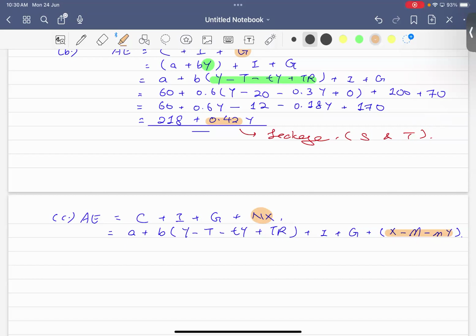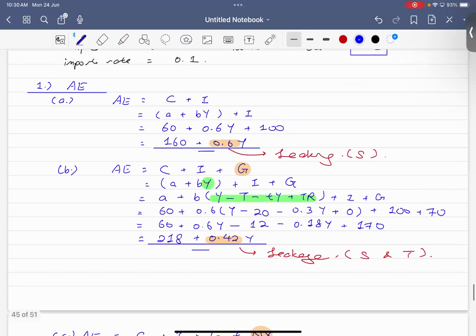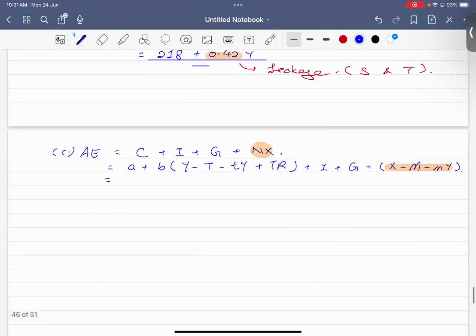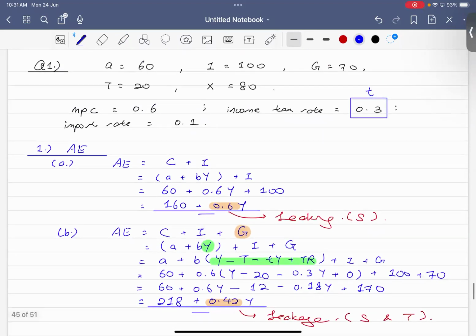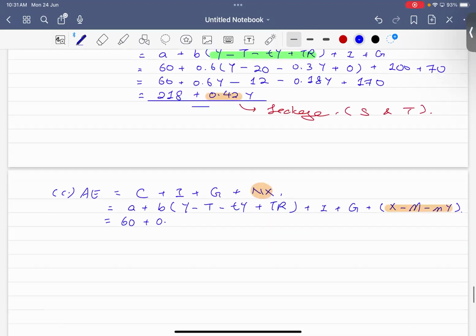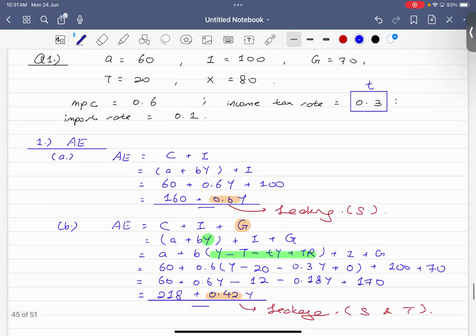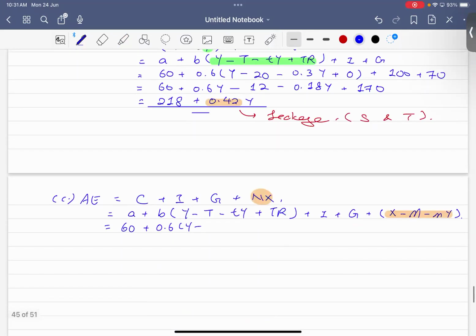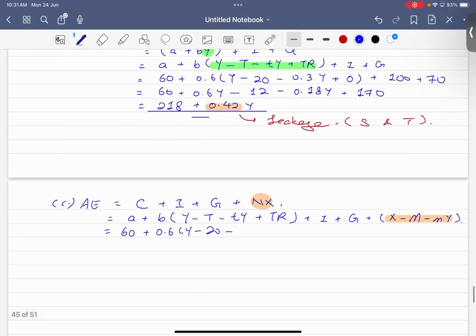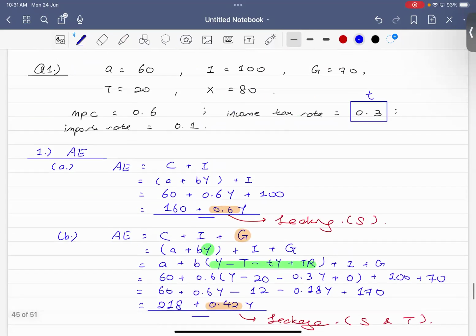So now you substitute the value one by one. Autonomous, and then 0.6. Autonomous tax 20. Induced tax is 0.3Y plus no transfer payment.